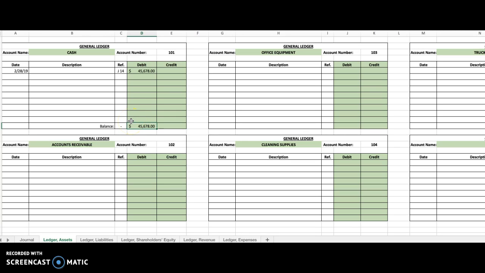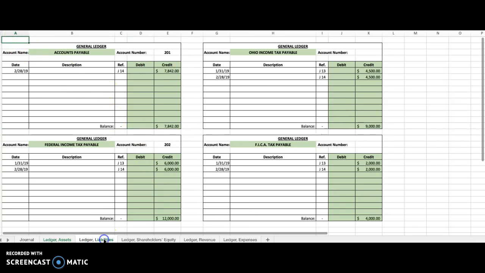So this is a formula whereby if you put a number on either side, for example, let's put $200 credit, you'll see that the balance has adjusted. And it went down because if you credit cash, it should go down. So each of these accounts will have a balance at the bottom, and we'll use that in a few minutes in our explanation. So the only one relevant in assets for us right now is the cash account.